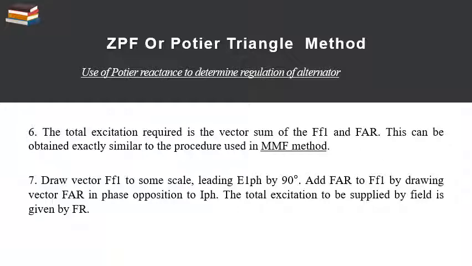Add FAR to FF1 by drawing vector FAR in phase position to IPH. The total excitation to be supplied by field is given by FR. तो ये जो भी पॉइंट हमने देख रहे हैं, नेक्स्ट हम फेजर डायग्राम देख रहे हैं, उसी को हमने पॉइंट बाय पॉइंट एक्सप्लेन किया है.